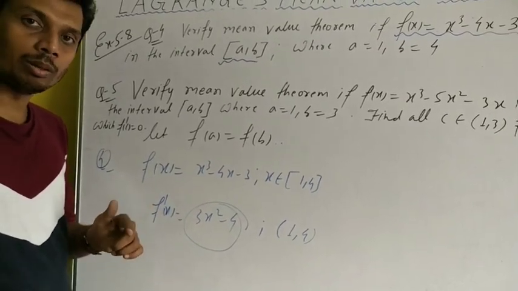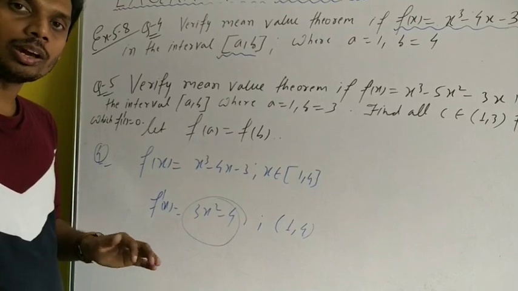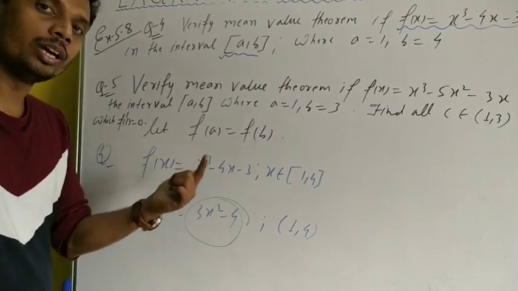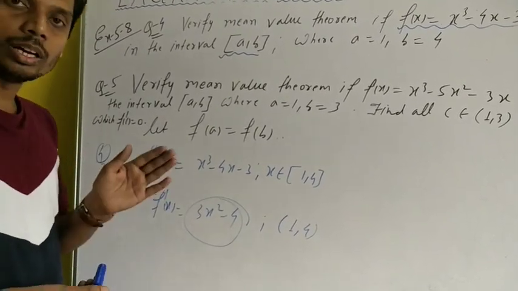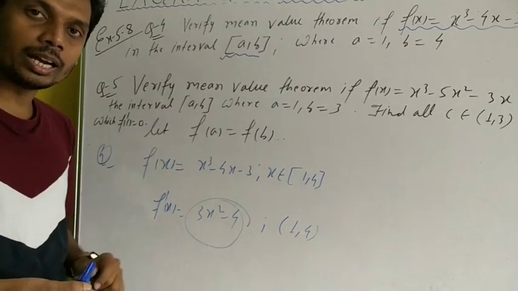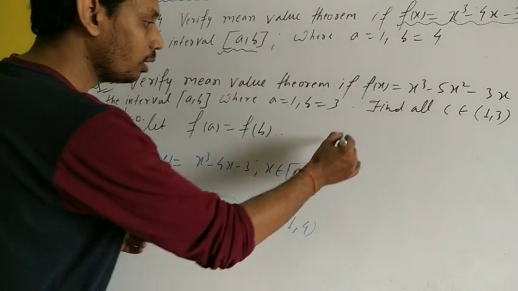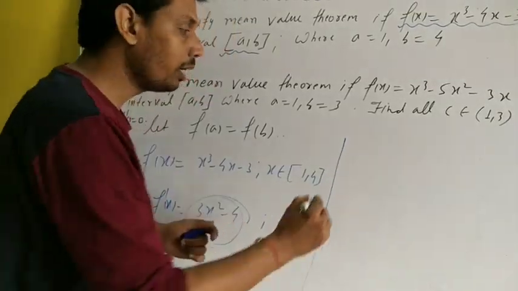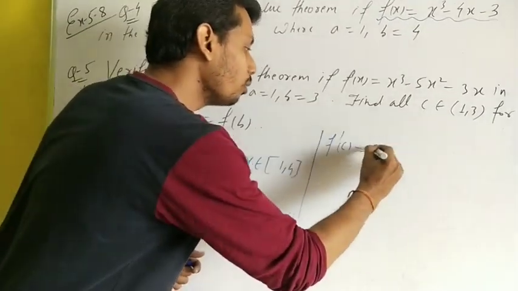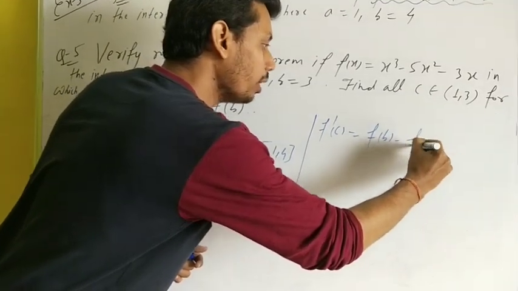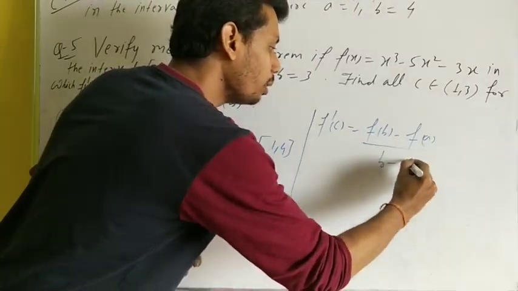For LMVT we do not check the values of f a and f b. Straight away we determine the value of c such that f dash c is equal to f of b minus f of a upon b minus a.